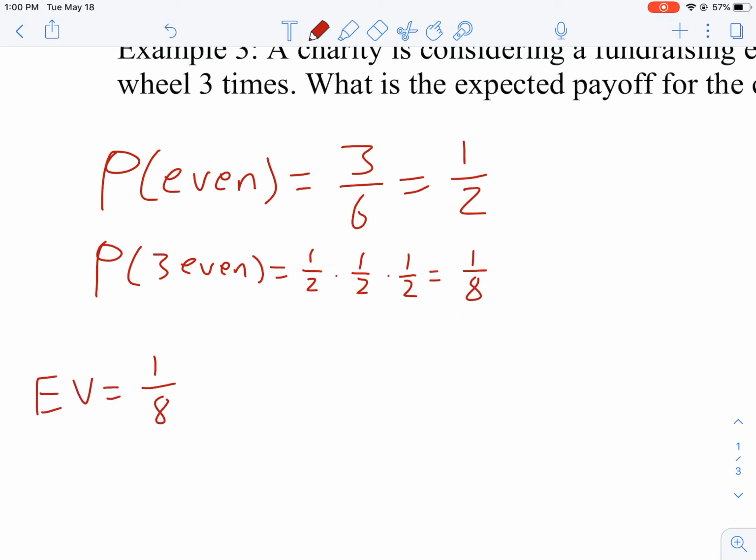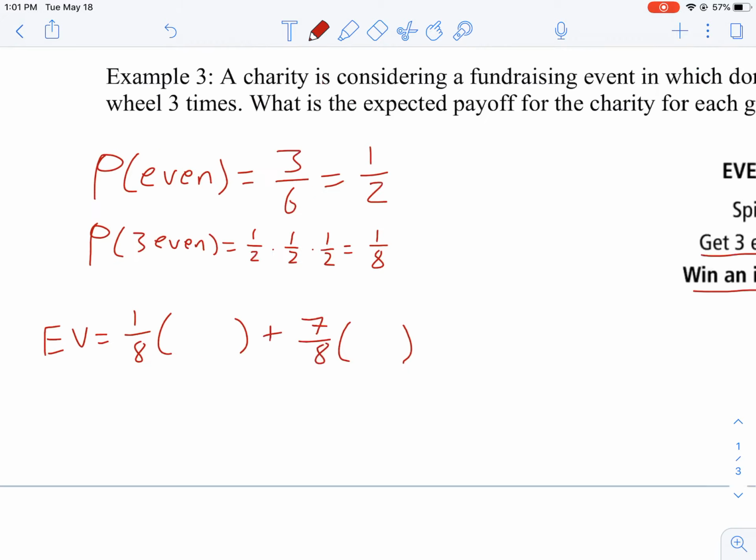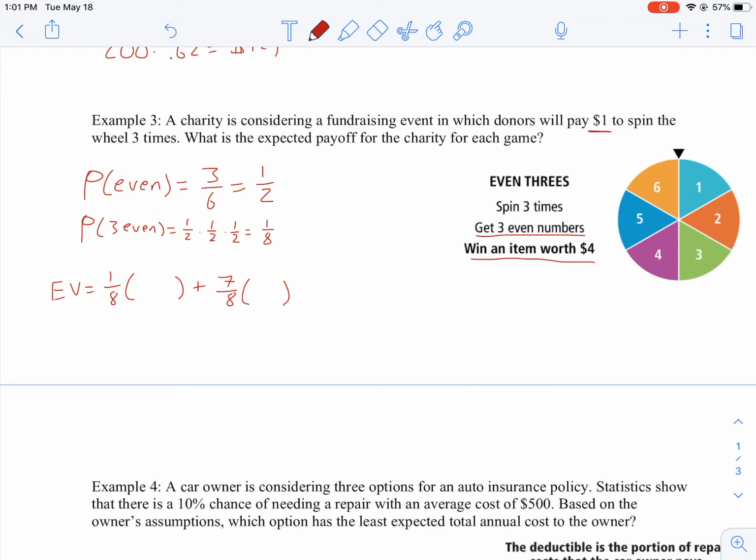So 1/8 chance that someone wins the game and a 7/8 chance that someone loses the game, right? And so now we just want to look at, okay, what is the value for the charity each time someone wins or loses the game, okay? So if someone wins the game, they win an item worth $4. So the charity is paying out $4 to that person. But that person had to pay $1 to do the spin.